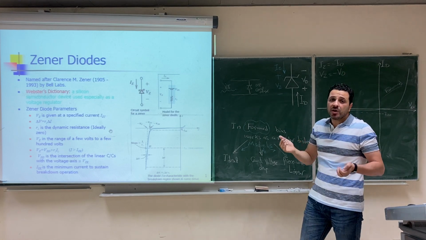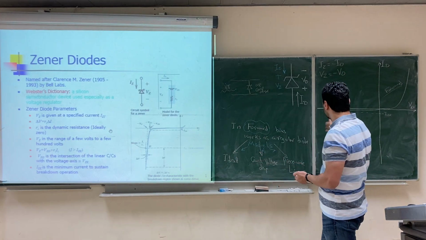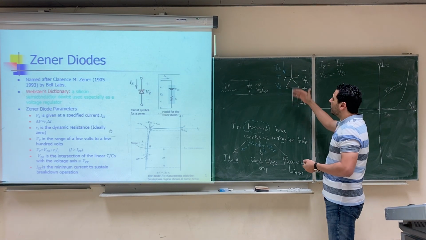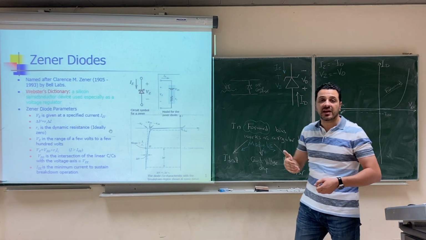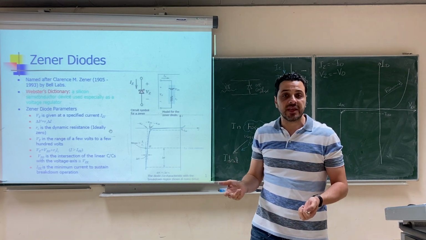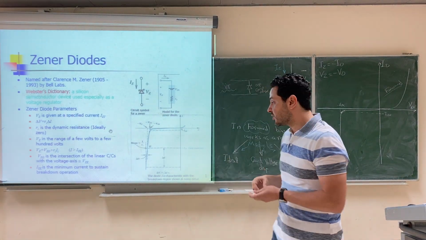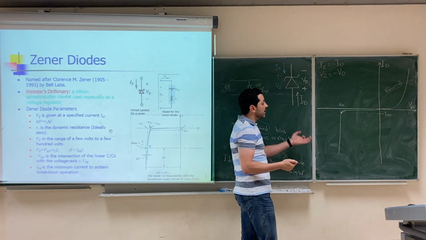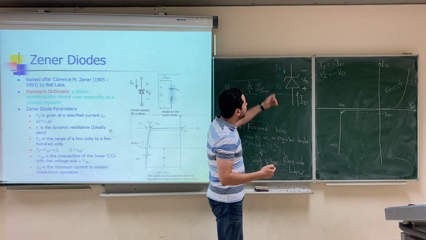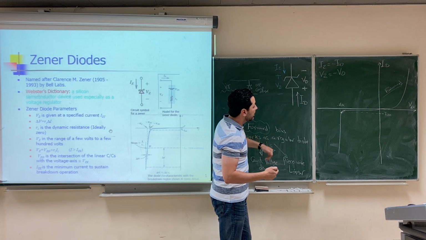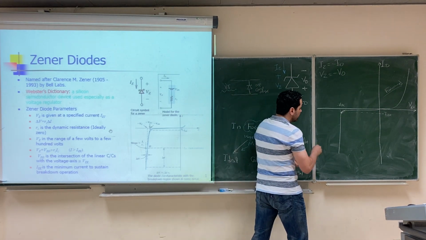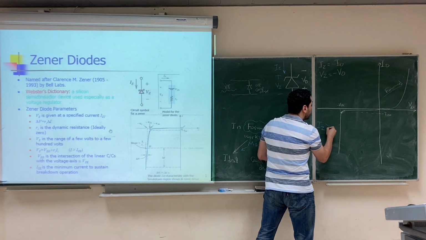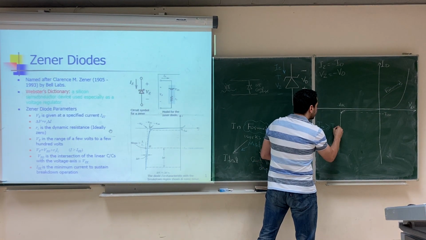Why is that? Because since we are going to work with all negative values of V diode and I diode, why don't we define I Zener and V Zener and work with positive values? It will be easier to work with positive values. So for example, we say that in order for breakdown to start, we need I Zener to be greater than or equal to IZK.